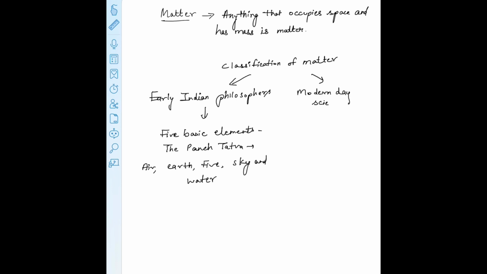Okay? Then modern day scientists evolved two classification systems based on their physical properties and chemical nature. In this chapter, we are going to discuss the physical properties of matter.